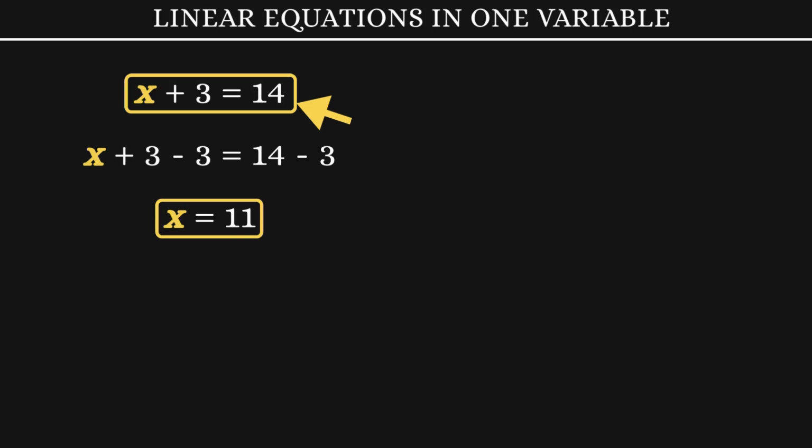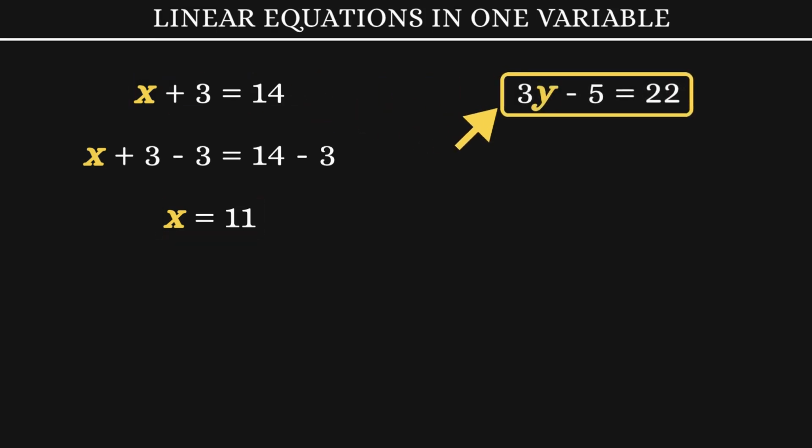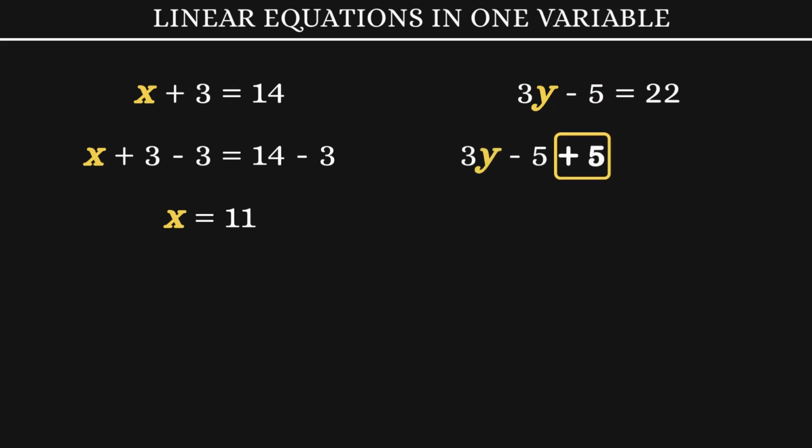Wasn't that simple? Let's solve this equation. 3y minus 5 is equal to 22. Now to get rid of this minus 5, we'll add 5 to both the sides. What we have is 3y minus 5 plus 5 is equal to 22 plus 5. That will give us 3y is equal to 27.